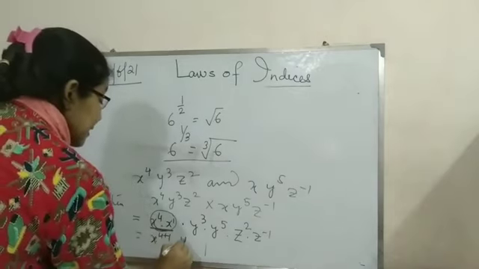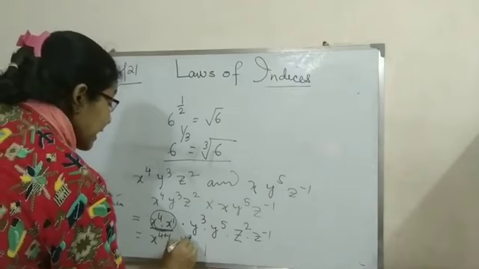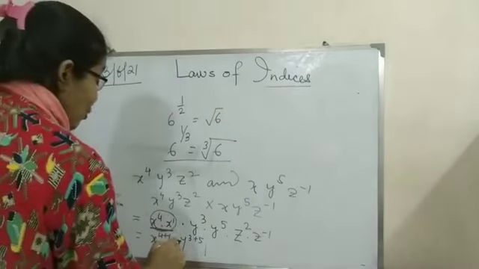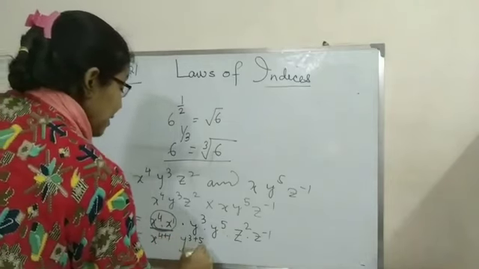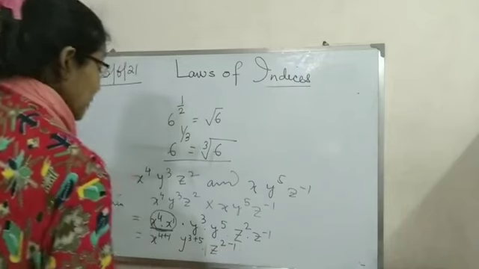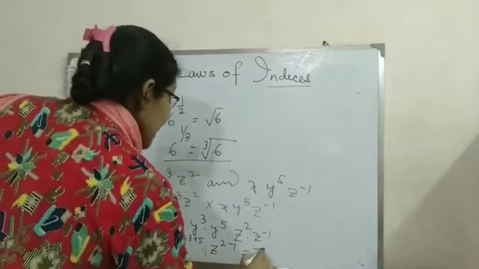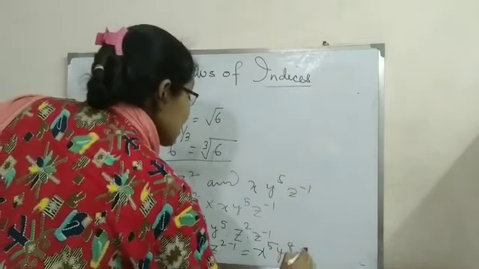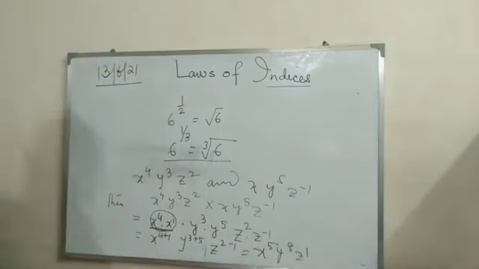And similarly for y, y to the power 3 plus 5, and for z, 2 minus 1. This is equal to x to the power 5, y to the power 8 and z to the power 1. Answer is coming.